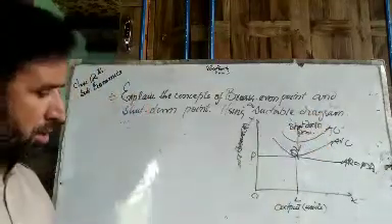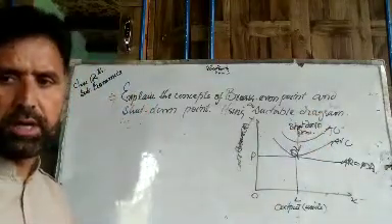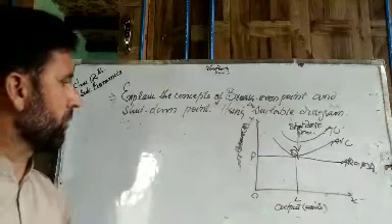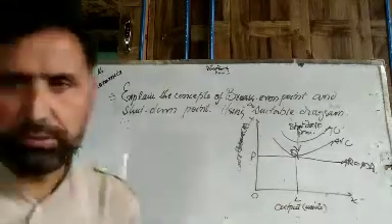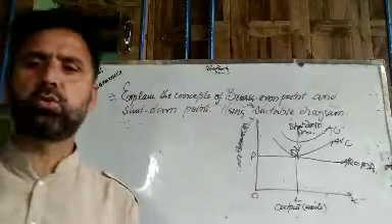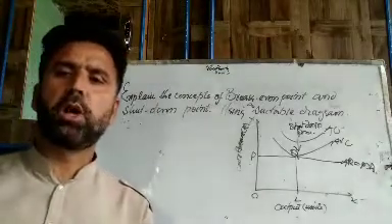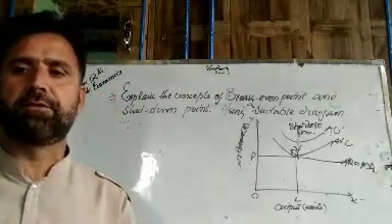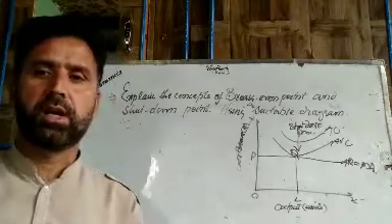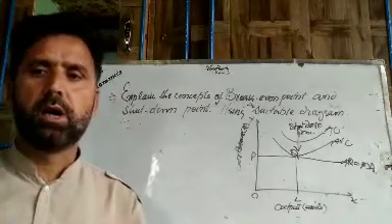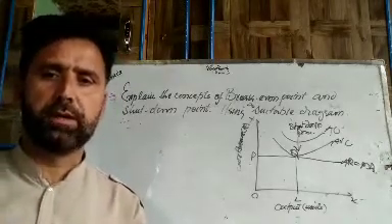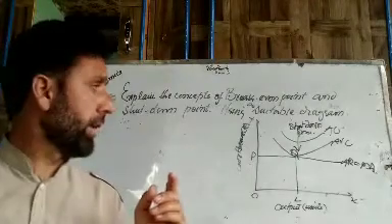We take on the x-axis output in units and on the y-axis cost and revenue. So dear students, the shutdown point occurs when a firm is just covering its variable costs only, or it is a situation when total revenue is equal to total variable cost.